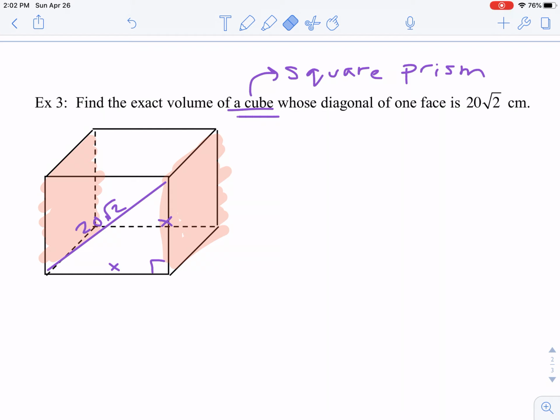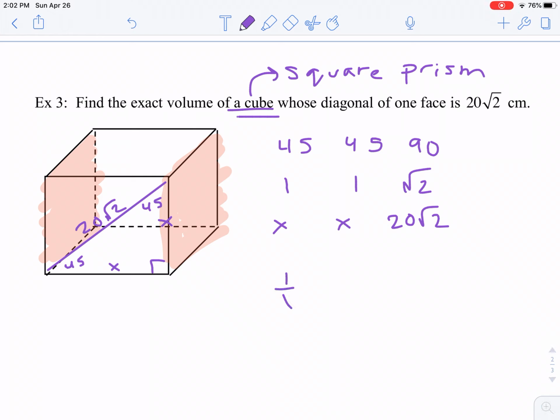I think that algebraically that one's going to be a little bit easier. So if we do our 45, 45, 90, I'm going to set up my proportions. A 45, 45, 90 has 1, 1, root 2 as its ratios for the sides, and this one we have x, x, 20 root 2. So if I set up that equation, 1 over x equals root 2 over 20 root 2.